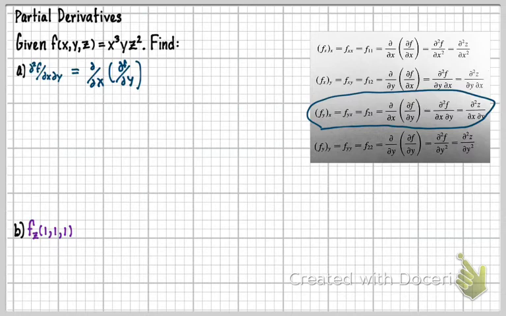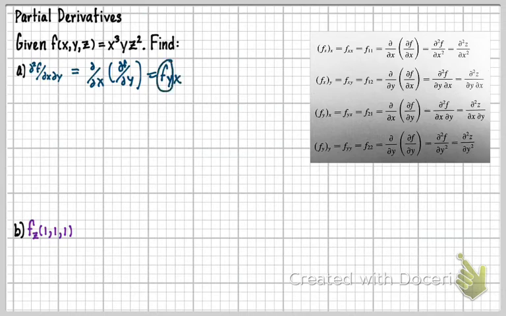So that's the notation. Or I could say this as well, that this here is equal to fyx. So this means I'm going to take the derivative with respect to y first. This notation here tells me I'm taking the derivative with respect to y first. But what's weird about it is they're switched around, at least the notations.